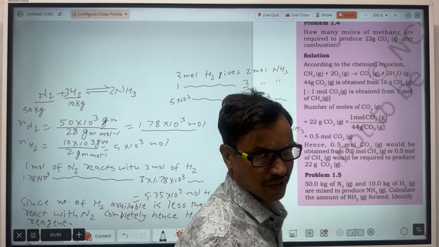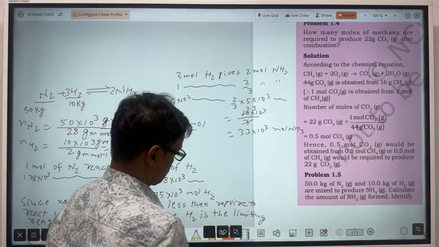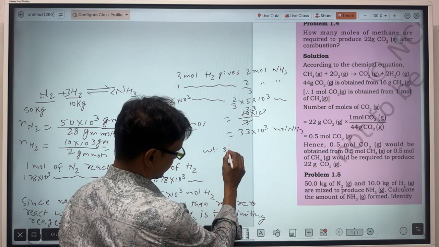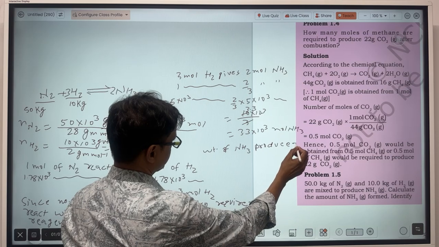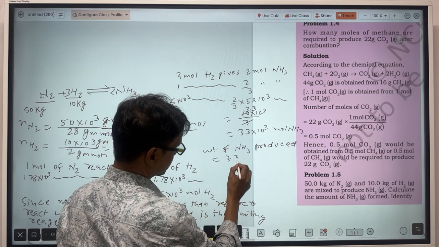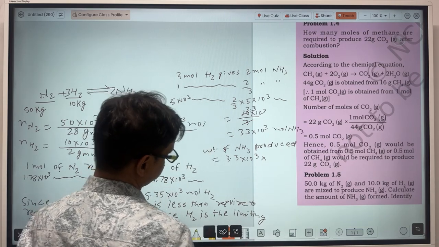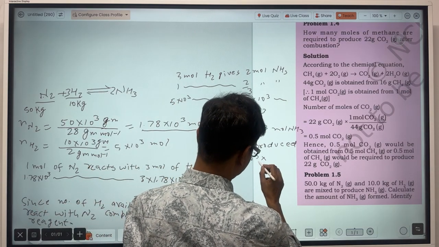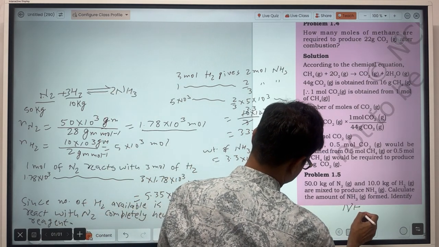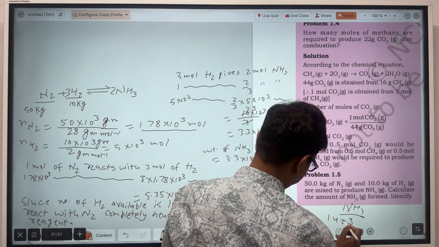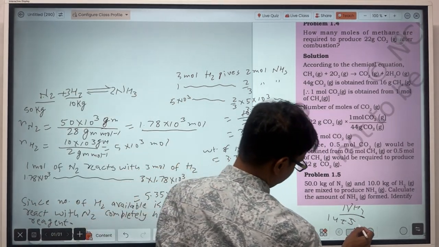So that is in terms of number. In terms of weight, how much? That you can also calculate, the weight of ammonia produced. So the number of moles is 3.3 into 10 power 3, and the molecular weight of ammonia is 17: 14 for nitrogen and 3 into 1 for hydrogen.